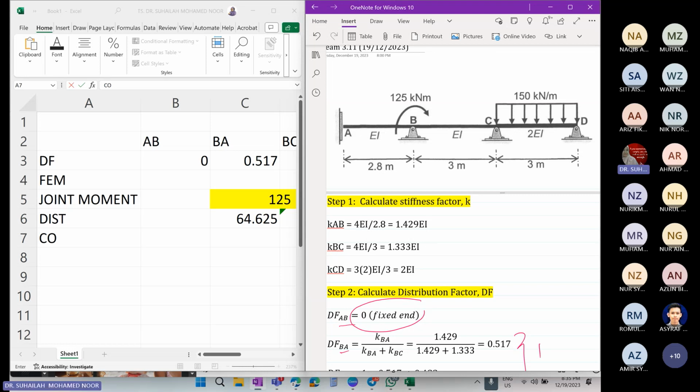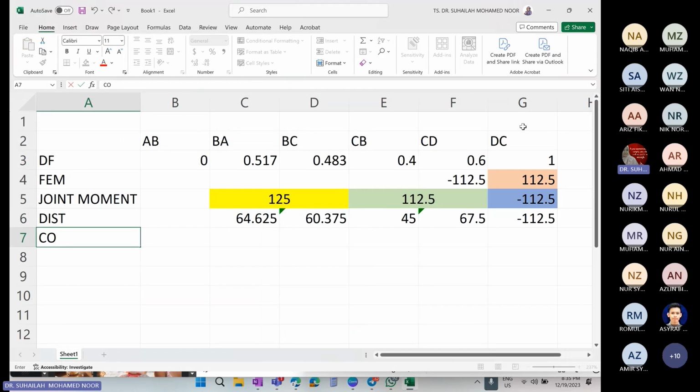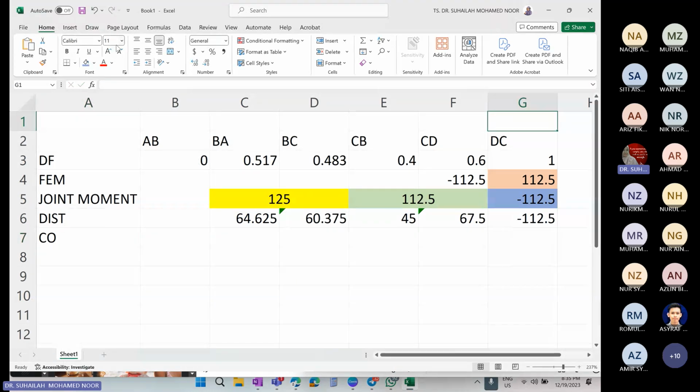So for C to D, the factor is 0. So I just put here the factor 0.